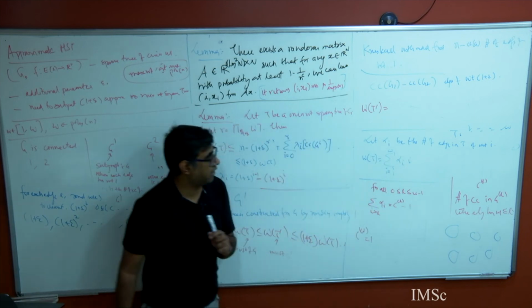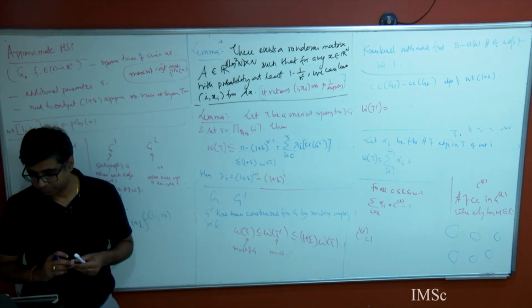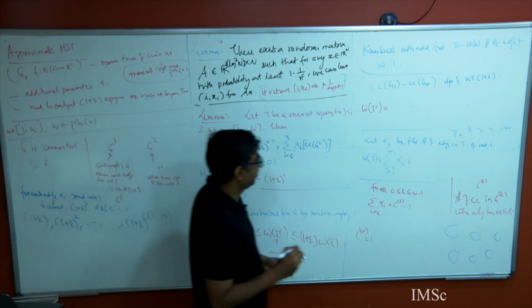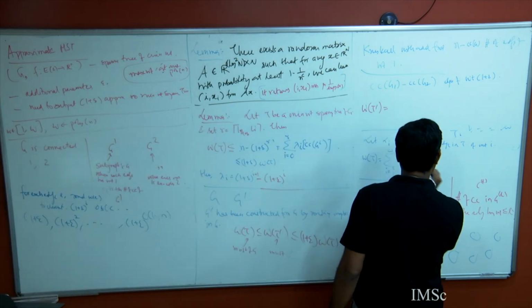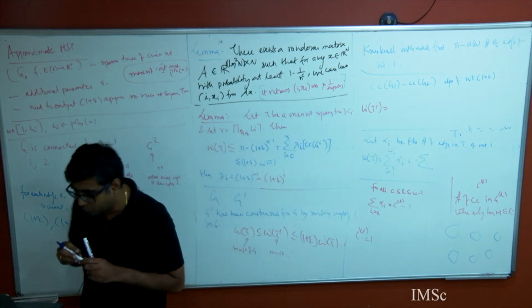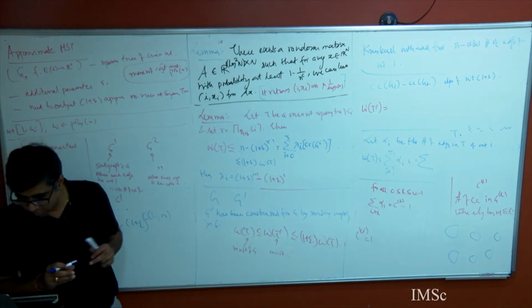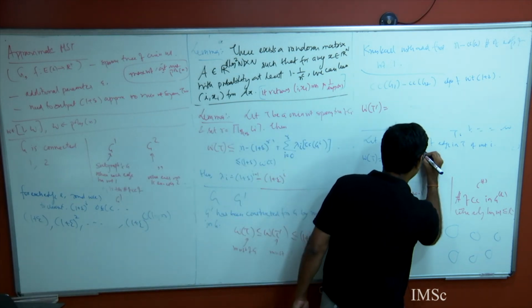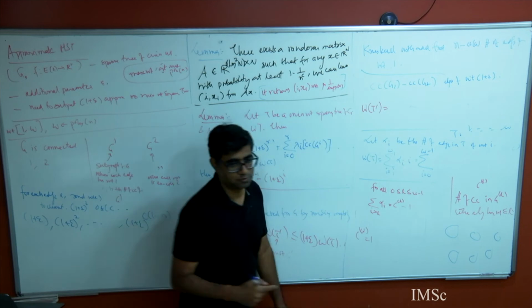So now, if weight of T is this, I want to write this summation. This is why I have to look at my computation from the morning. Just one second. I did some computation. L equal to 0 to W minus 1. I'm just going to use this inequality.